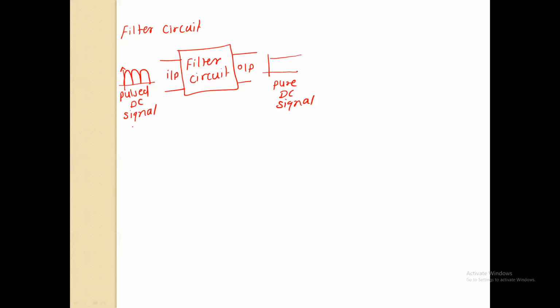As the output of the rectifier circuit contains AC as well as DC component, we don't want that AC component. So these are unwanted components, and these unwanted AC components are called ripple. This is the technical word.